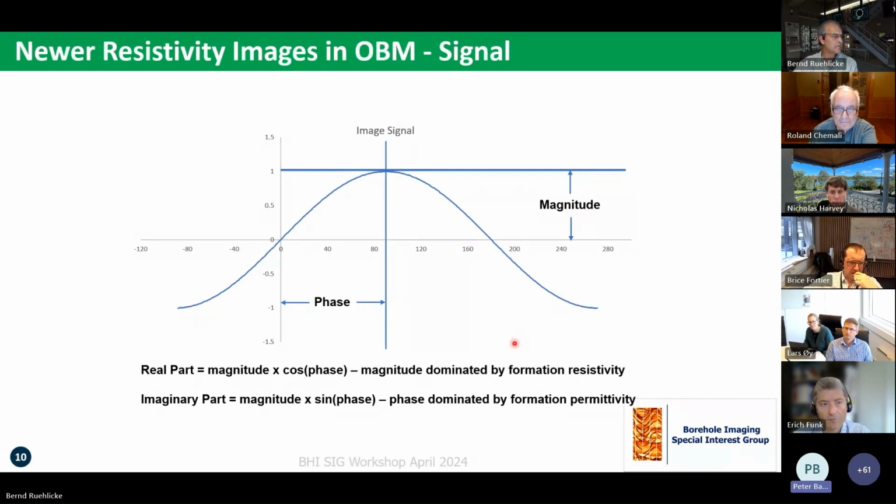The real part is the magnitude multiplied by the cosine of the phase, and this image is dominated by formation resistivity. We can also generate an imaginary part, which is dominated by the phase, and the phase in turn is dominated by the permittivity of the formation. So let's look at the next slide, Bernd.